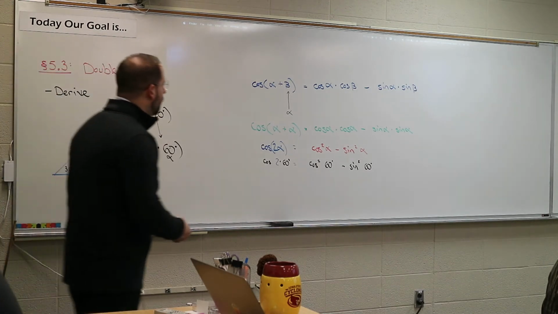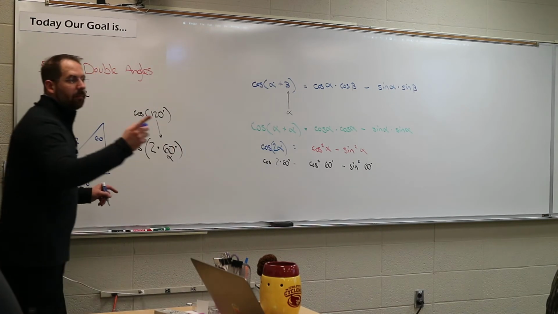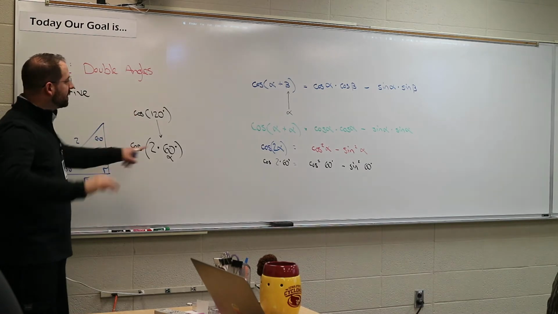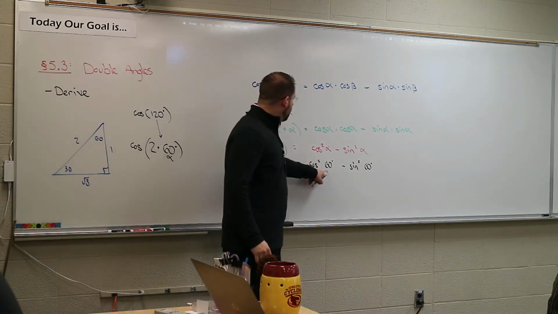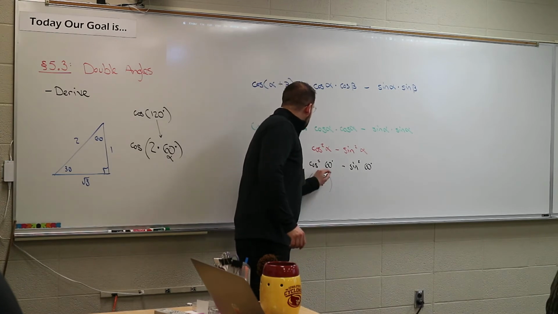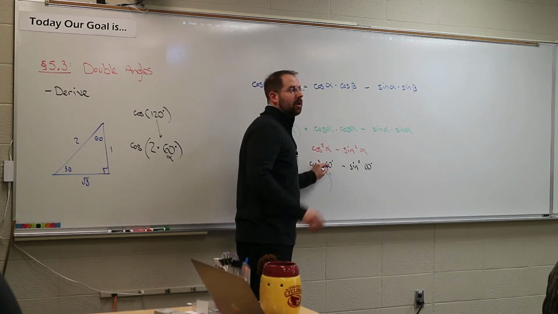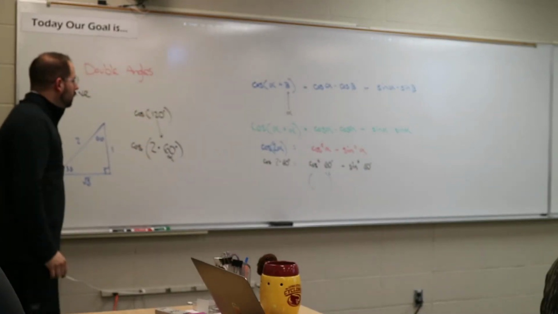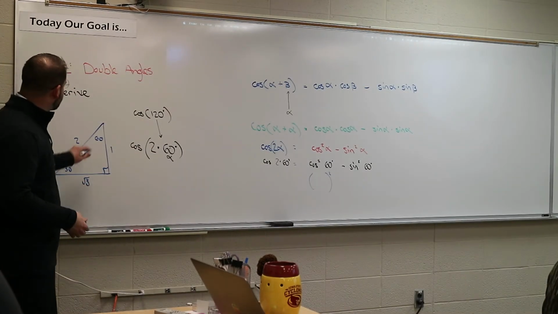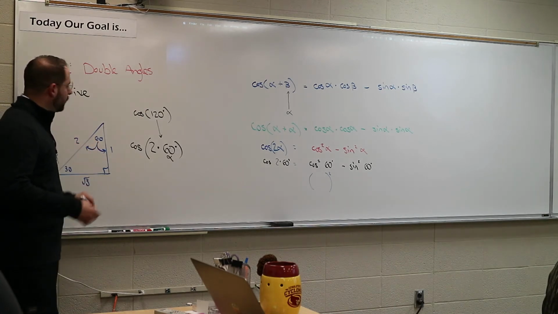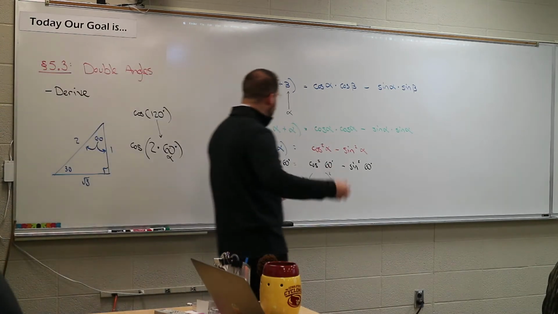The first step is we're going to find the cosine of 60, and then we're going to square that answer. It's half, so half squared is 1/4. Cosine of 60 is the adjacent over the hypotenuse, so half, and we have to square it.